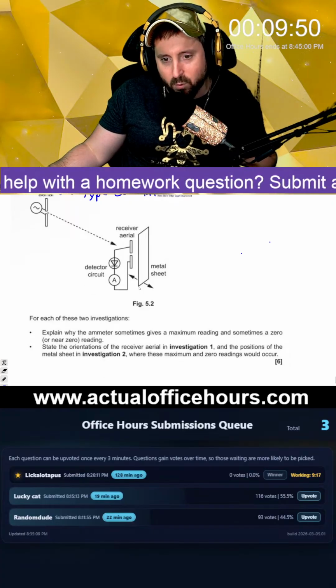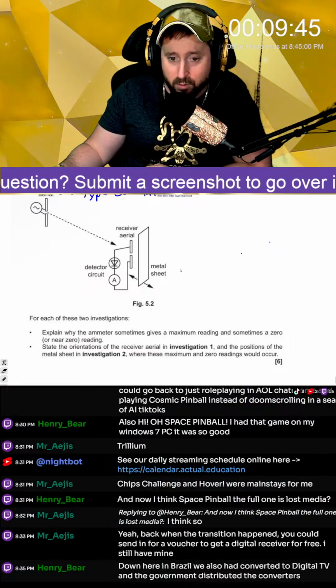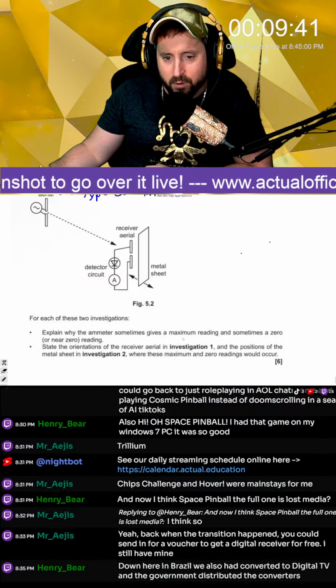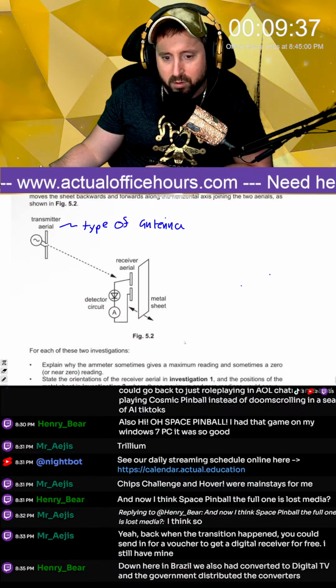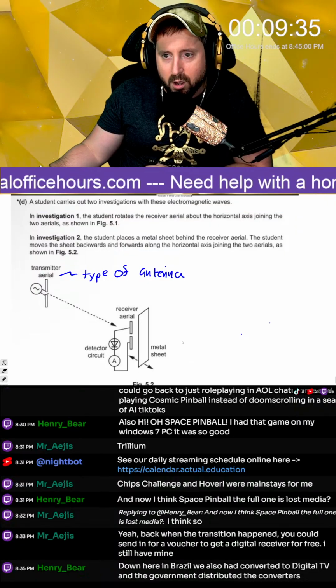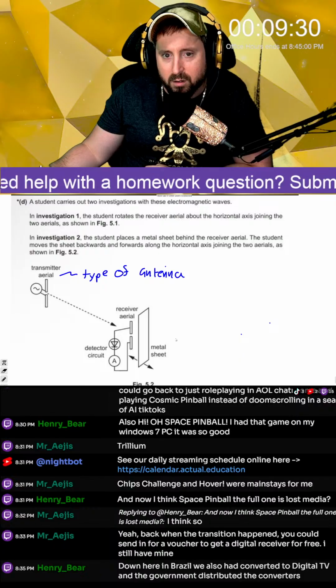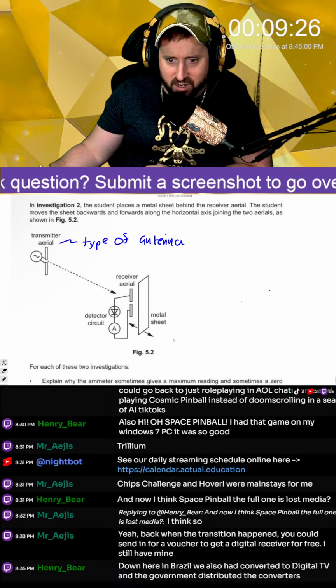Explain why the ammeter sometimes gives a maximum reading and sometimes a 0 reading. For each of these two investigations, explain why the ammeter sometimes gives a maximum reading, sometimes gives a near 0 reading. Oh, okay. Rotates it. I would say it has to do something with phasing, I guess.